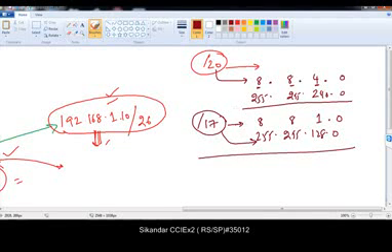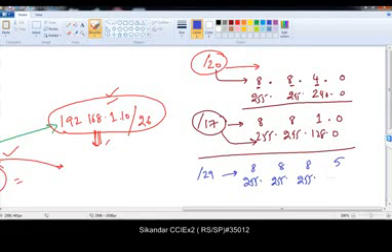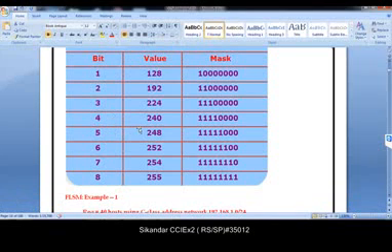In a similar way, if I take one more example, /29: 8 bits, 8 bits, 8 bits, which is 24, 24 plus 5 becomes 29. So 255.255.255 and then 248, I think. Let me check. 4 bits is 240, so 5 bits is 248. I think I'm correct. Just confirm, 5 bits is nothing but 248.